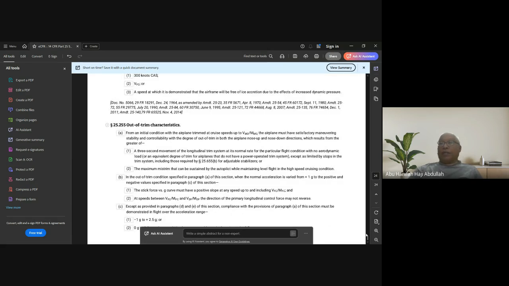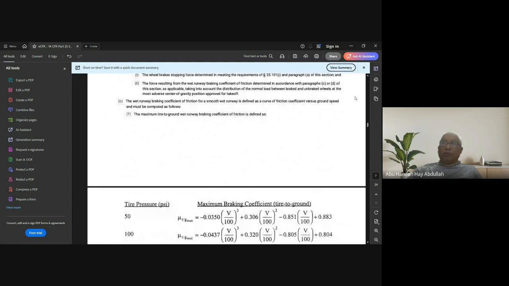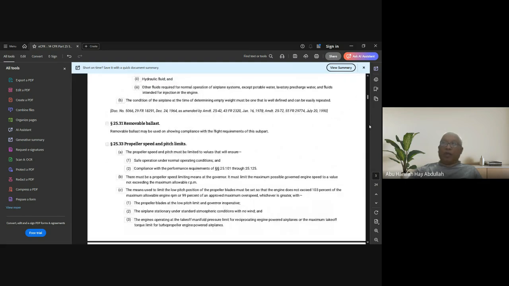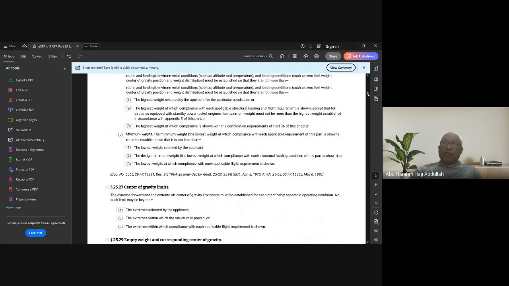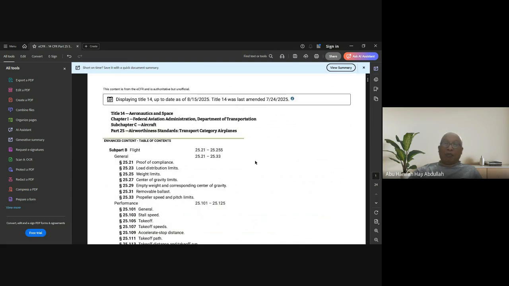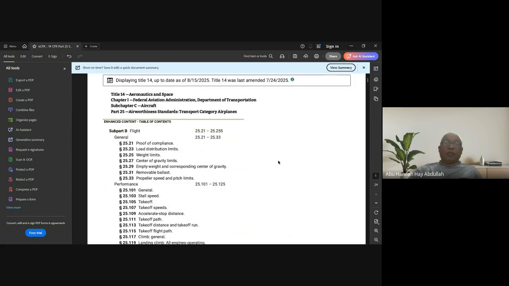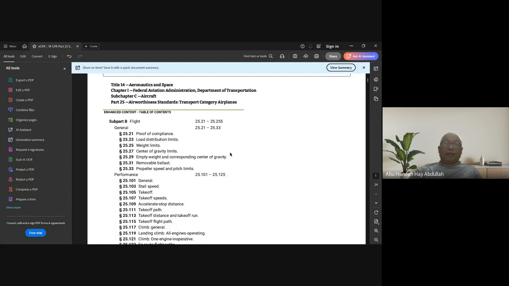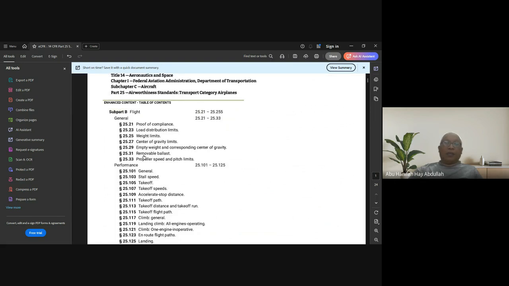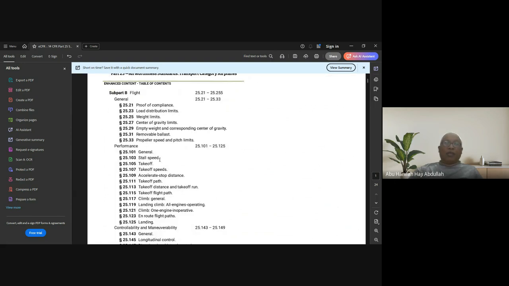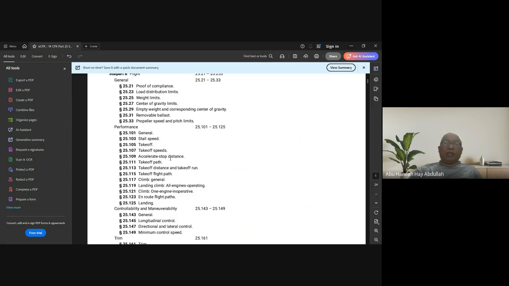What I'm trying to show you is that most of us are not doing new aircraft. We may use this to design unmanned aircraft, which is feasible and possible. If you want to design a new unmanned aircraft, then this has to be satisfied. What is the most important thing we need to think about here?